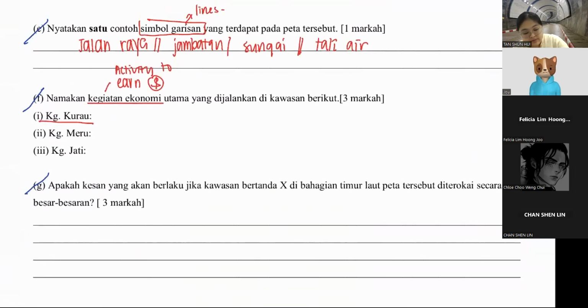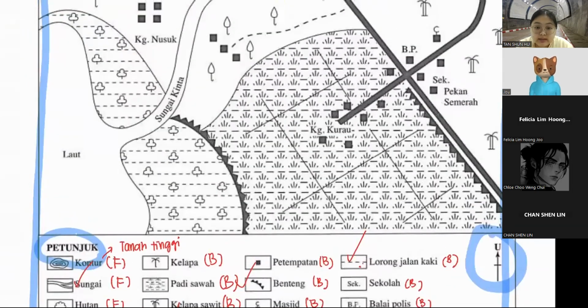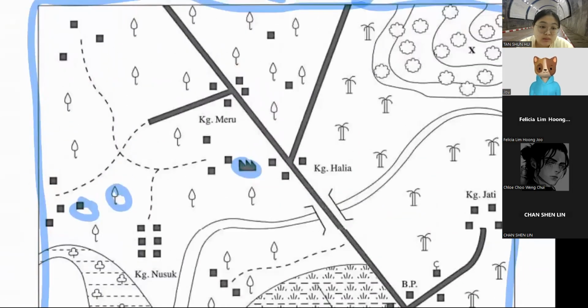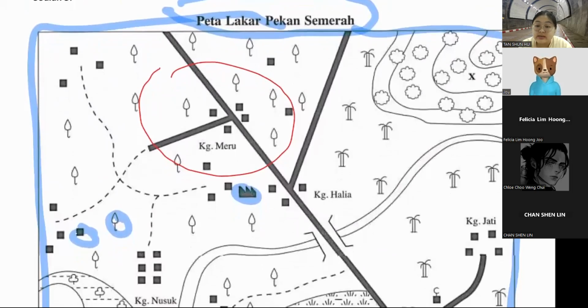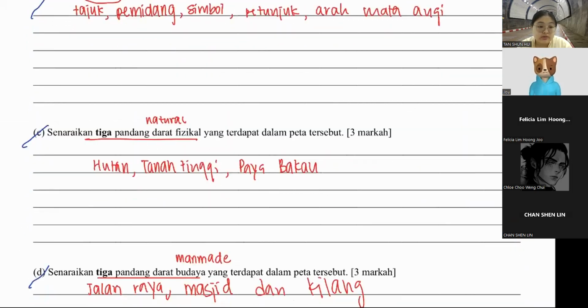So your answer will be writing pertanian. Now, other than that, they say Kampong Meru. Let's look at Meru. Meru doing what? Same. They have getah and housing area, right? So you can also say it.